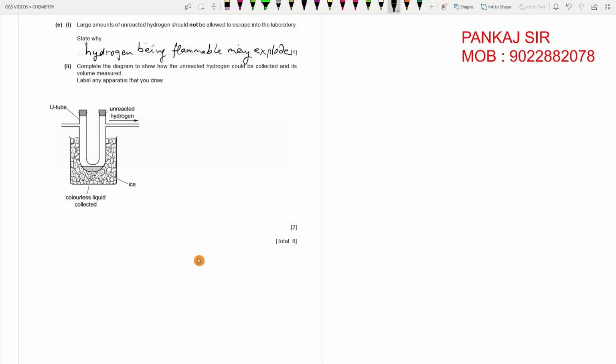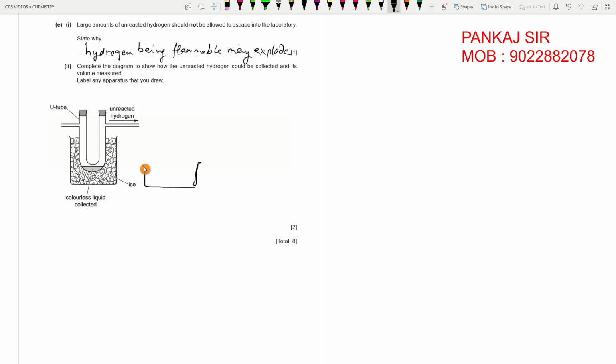Next question is complete the diagram to show how the unreacted hydrogen can be collected and its volume be measured. Label any apparatus that you can draw and show. So I'll do one thing. I'll draw a trough, and this trough contains water, right?